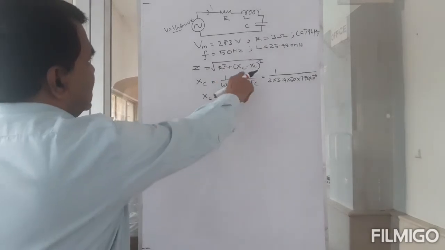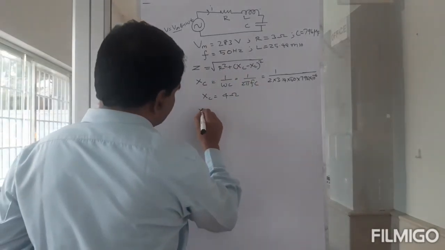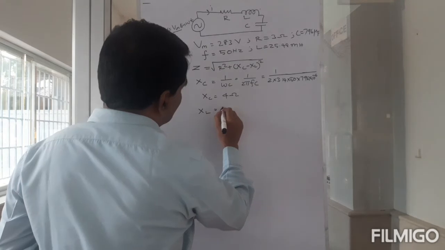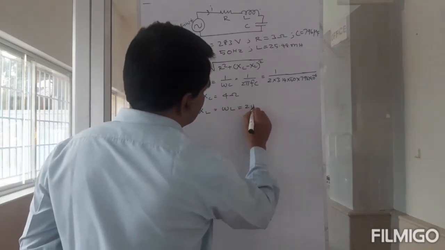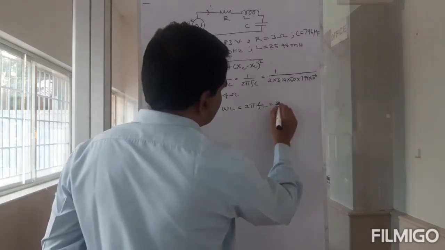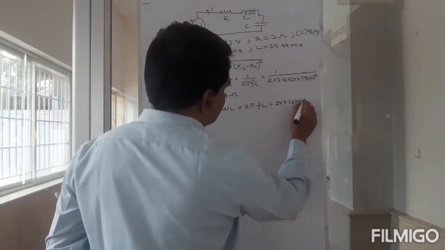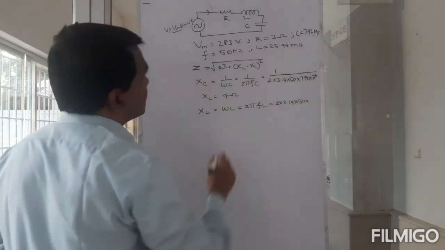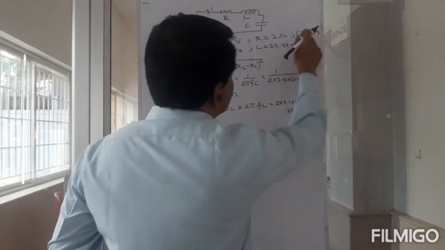And the next thing is I need to calculate XL. So XL is equal to omega L. So that is equal to 2 pi f into L. So that is equal to 2 into 3.14 into 50 into L, which is 25.48 into 10 power minus 3.